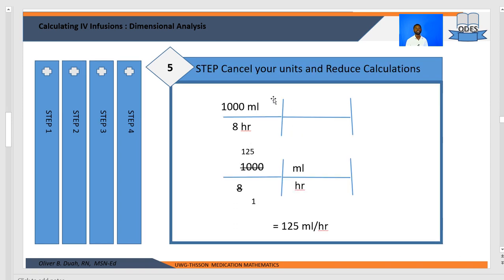Reduce this calculation by using common factors, and we will see that 8 is a common factor of 8 and 1000, and 8 will go into 1000, 125 times. So once again, we get 125 ml per hour.